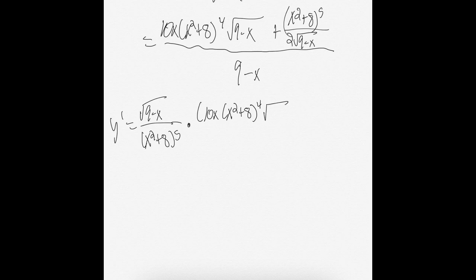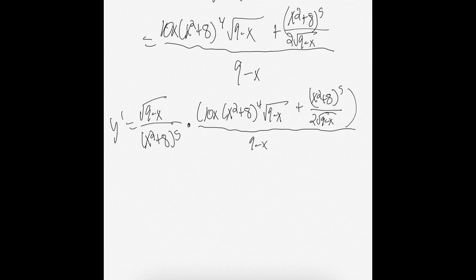So times 10x, x squared plus 8 to the 4th, root 9 minus x, plus x squared plus 8 to the 5th, all over 2 root 9 minus x.